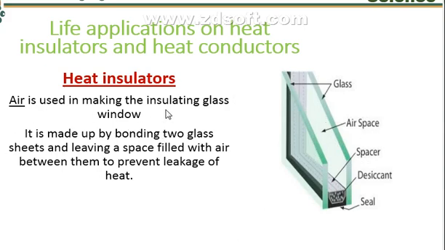An insulating glass window is made by bonding two glass sheets and leaving a space filled with air between them. Why? Give a reason. Why do we put an air space between two glasses? To prevent leakage of heat.